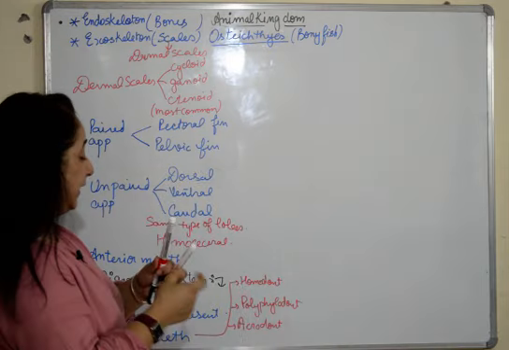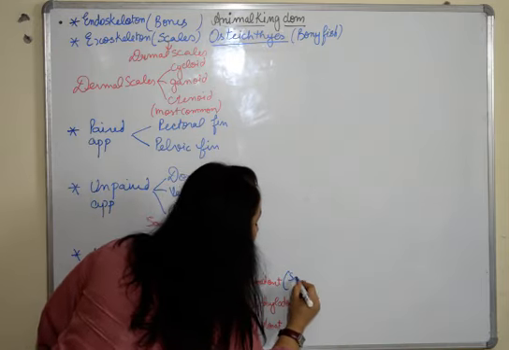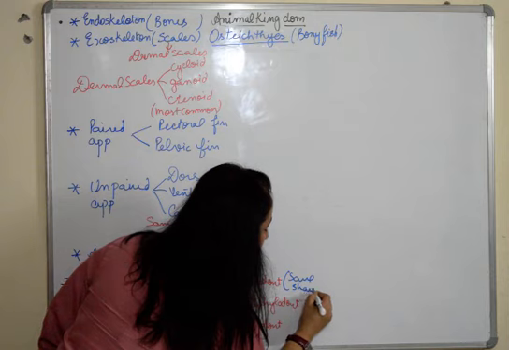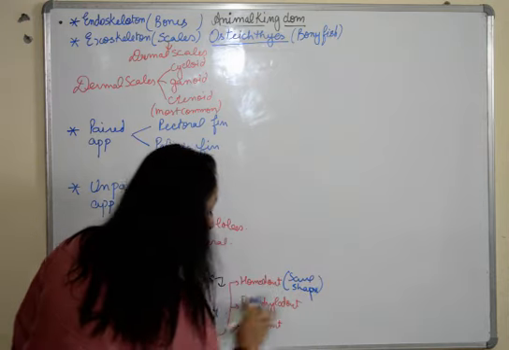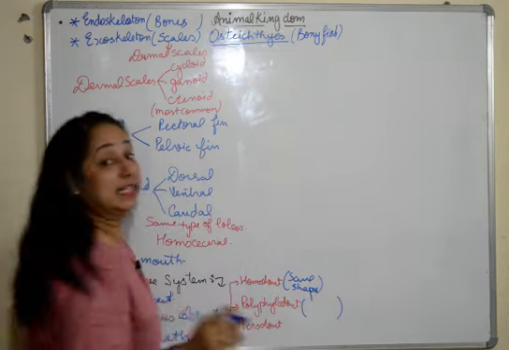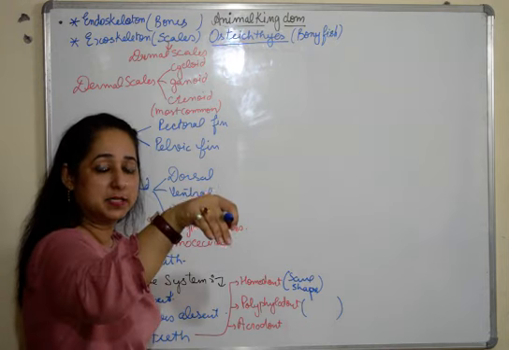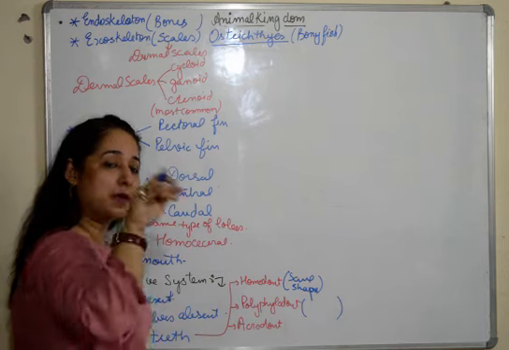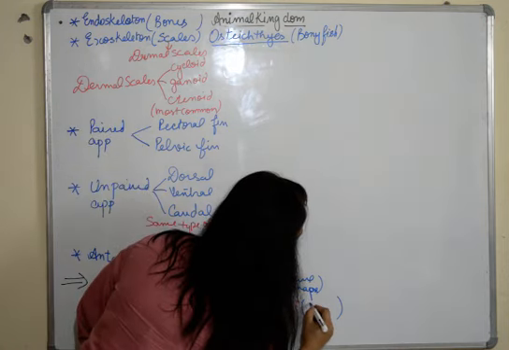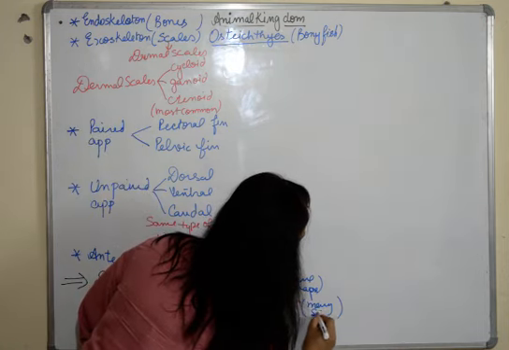What are homodont teeth? That means the teeth are of same shape. Polyphyodont, the teeth are in many sets. One tooth falls off, another comes at its place. Another tooth falls off, next comes. So they are present in many sets.